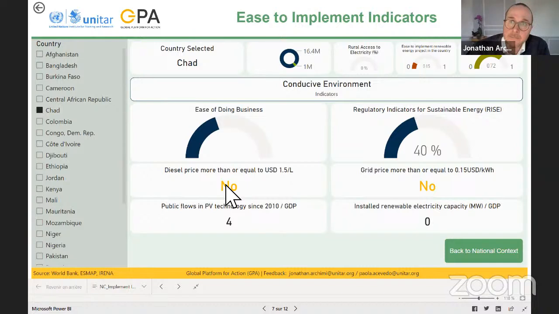I mean, with the current price of, for instance, a PV system, depending of course on the location, it will be difficult to compete. So from a financial standpoint, the lower the price of diesel and the grid price in the country, the more difficult it will be to make a financial argument for transitioning to new energy.